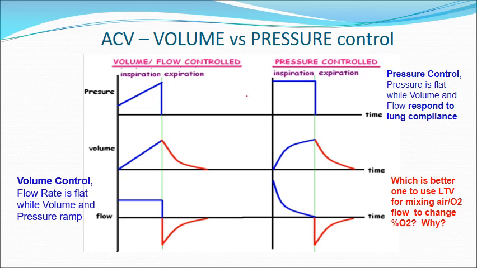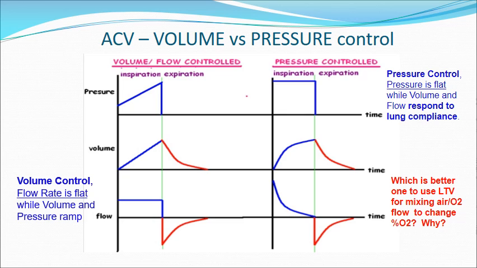So here we have the waveforms of the three physical properties of ventilation: pressure, volume, and flow, that are most critical in describing the difference between modes of operation. Now on the left we see volume control, and on the right we see pressure control. If there's some familiarity with these waveforms, it's because they have parallels in electrical engineering.